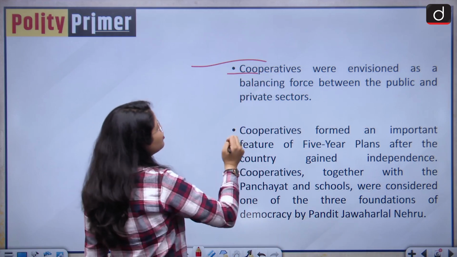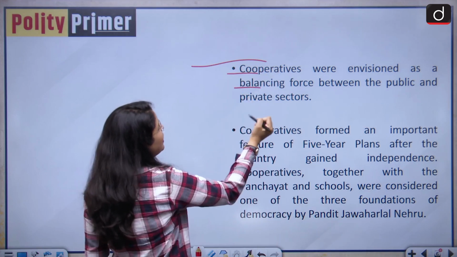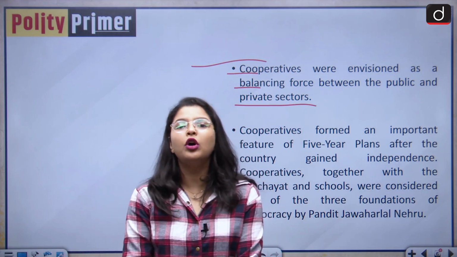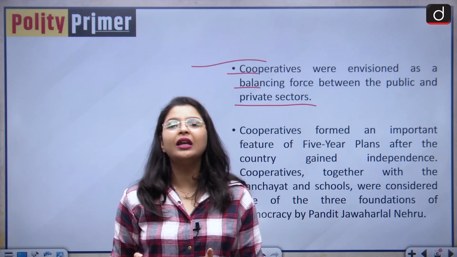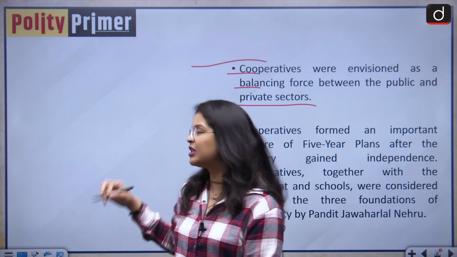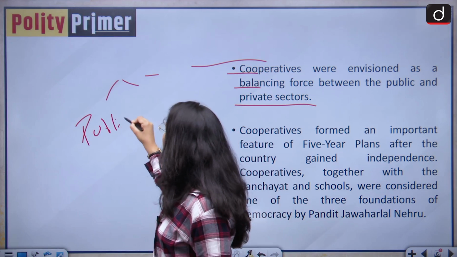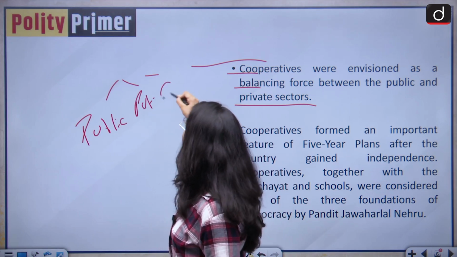After independence, cooperatives were envisioned as a balancing force between the public and the private sectors. So when we got independence, we wanted our economy to develop in three major sectors, okay? Public, private and cooperative sector.